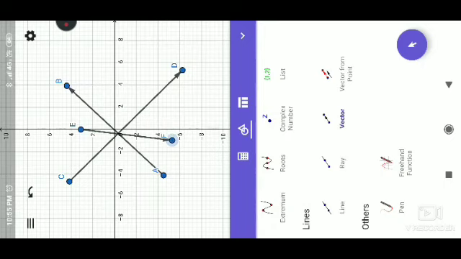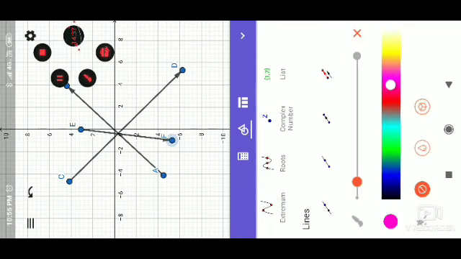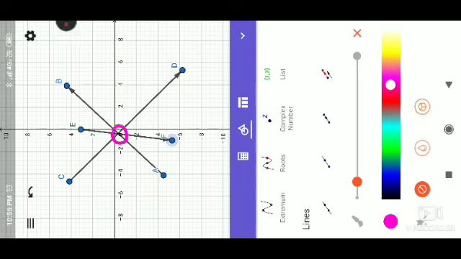So these all are passing through a single point, and that point is here. This point is called the point of concurrence, and these lines CD, EF and AB are the concurrent lines.